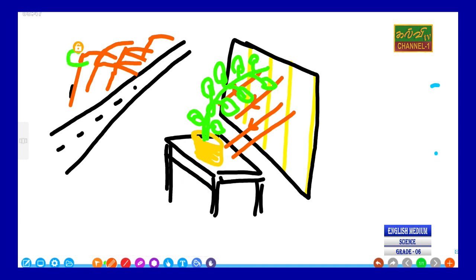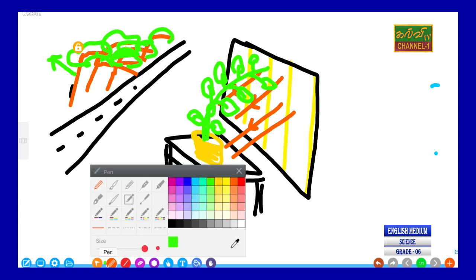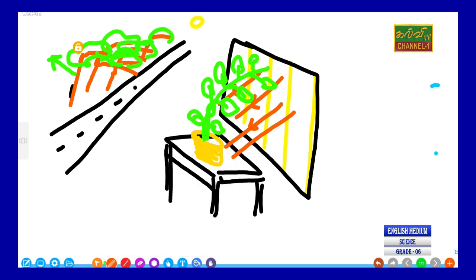Why? On the roadside they can easily take light, not on this side, the opposite side, mostly because the sun rays can fall in freely. So therefore, without competition, they can have sunlight. Therefore, the branches also grow towards that roadside. Okay, this is our day-to-day life. You can find it out.